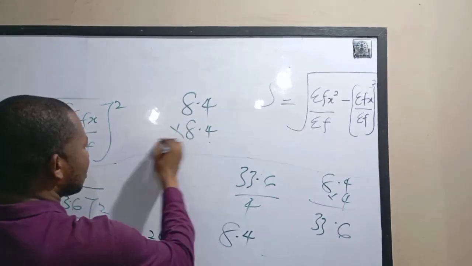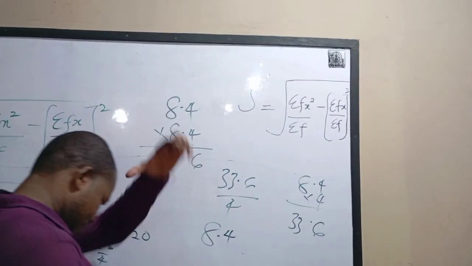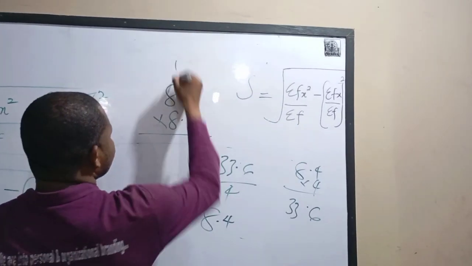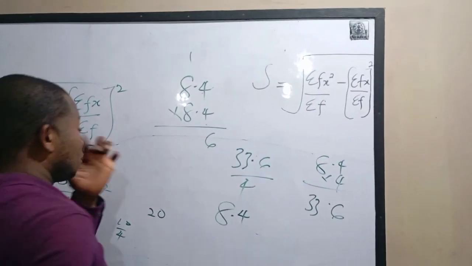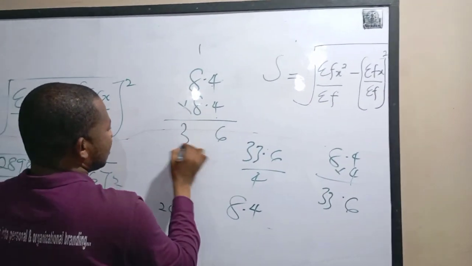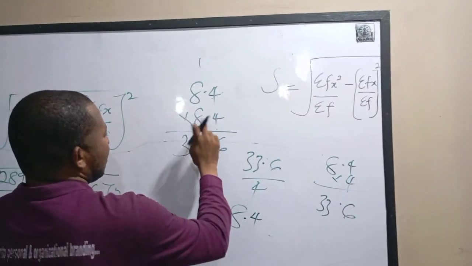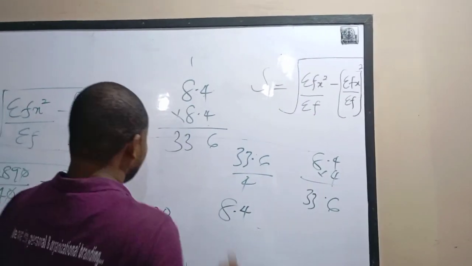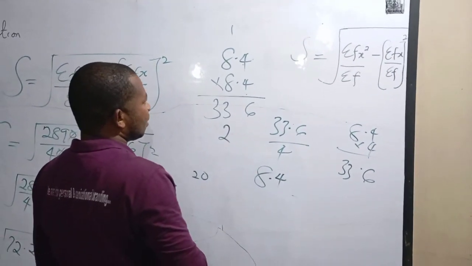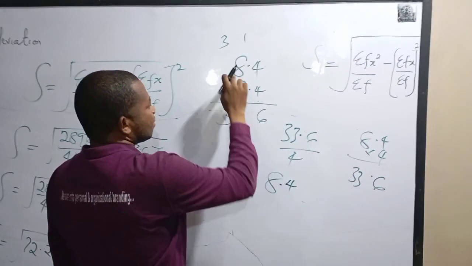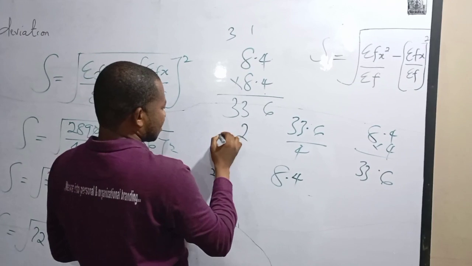So by virtue of this, what we now have is 8.4 squared, meaning that you should multiply it twice. 4 times 4, 16, right? 6, carry 1, 4 times 8, 32, plus that one you carry, that is 33. Then 8 times 4, 32, carry 3. 8 times 8, 64, plus the 3 you carry, 67.